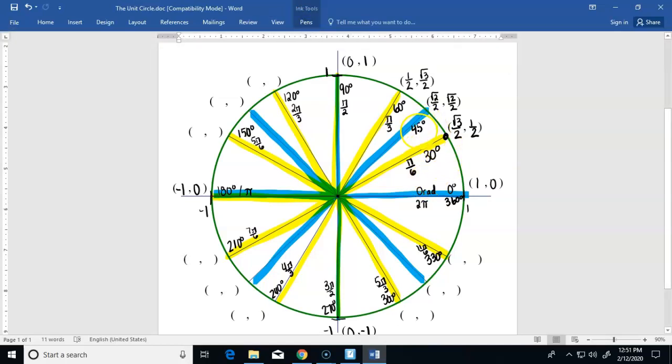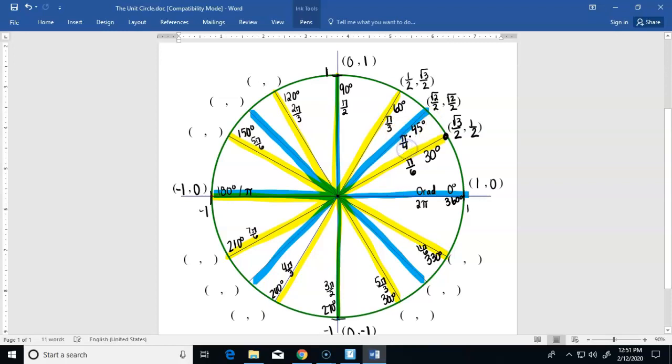So for 45 degrees, if half of the circle is pi, if I look at these blue sections, what is 45 degrees in radians? It is pi over 4.